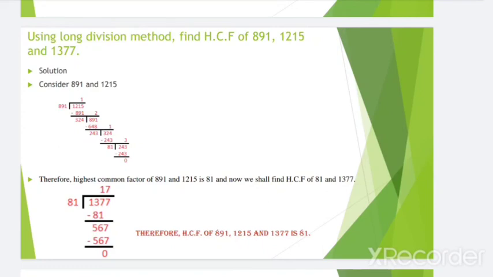So children, find the HCF of these 2 numbers and that will be equal to 81, and after that the third number, that is 1377. So find the HCF of 81 and 1377. What will you see? Again, that is 81, remainder comes out to 0. So children, the HCF of the given numbers 891, 1215 and 1377 is 81.